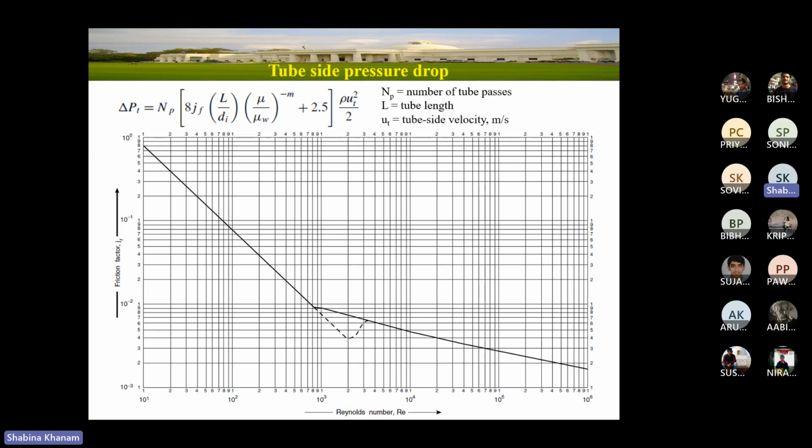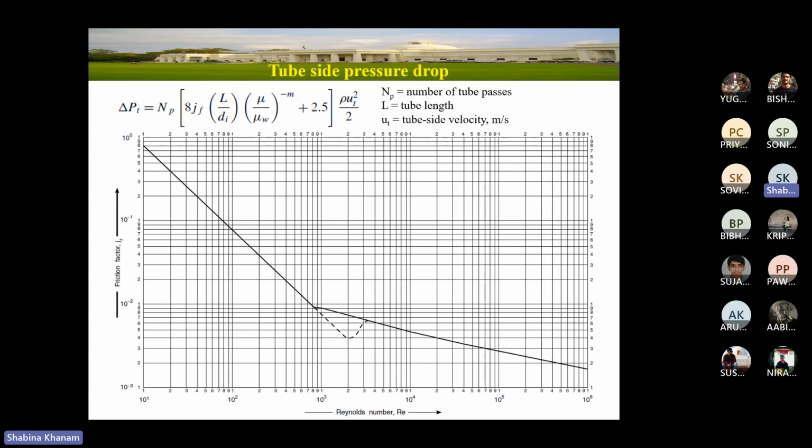And in 1-2 pass, from the feed end, fluid will enter in the tube, and at the rear end or the back end, it will reverse and then re-enter into the tubes. So it means there I am having a 180-degree bend, which will also create friction.